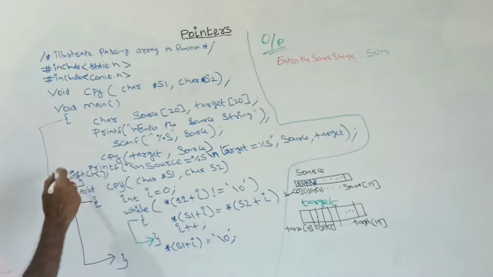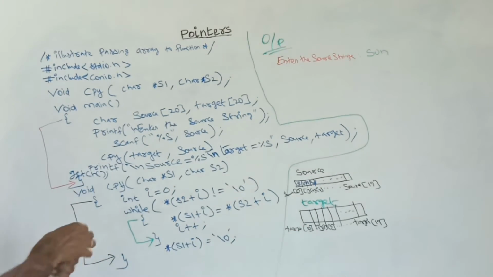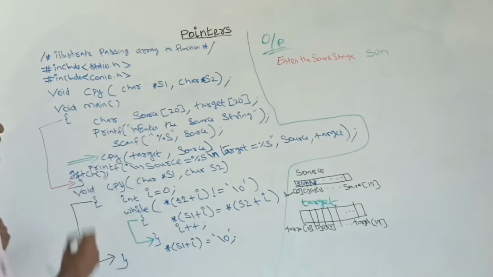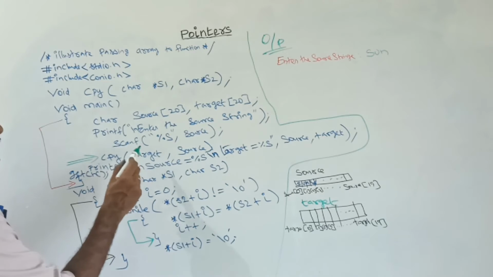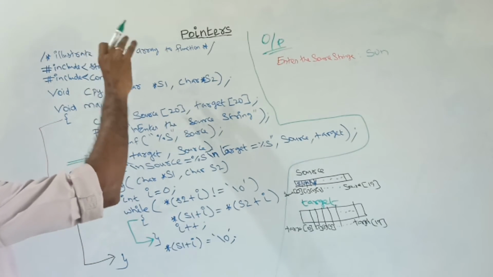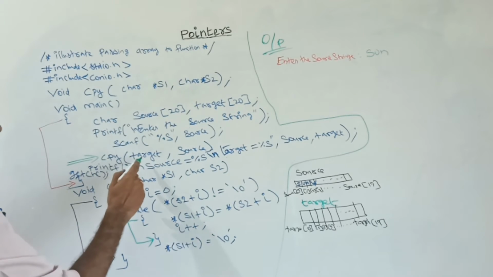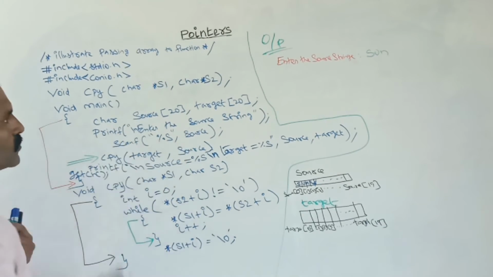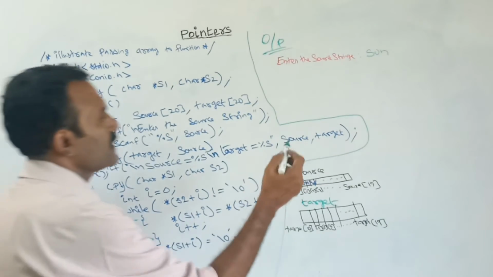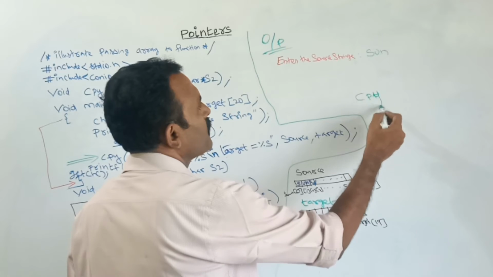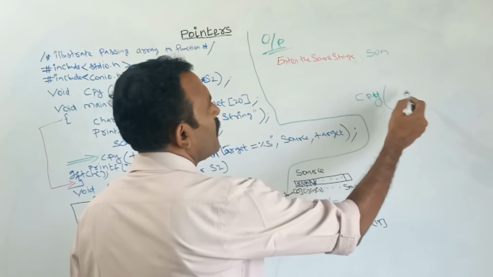Next, this is the function call. I am calling this function and passing two values, that is, two variables, passing arrays to the function. I am passing the two array variables: first one target, second one source. How does this CPY function copy?